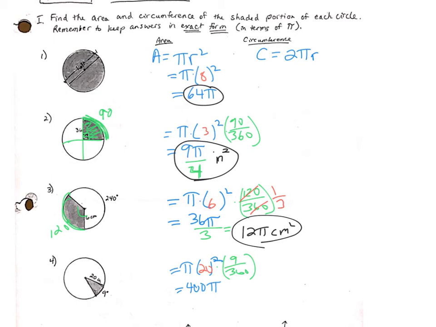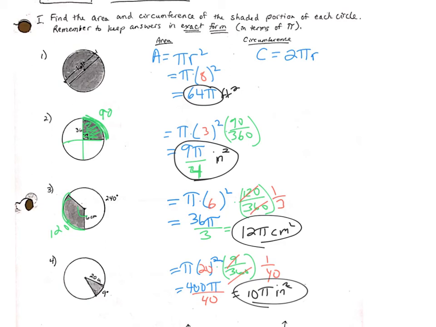So 9 divided by 360, I believe that does come out even to 1/40th, so we could divide by 40, which is going to give me 10 pi. And I'm back to inches for this one, square inches for my units. Okay, not squaring the pi or the 10, that's different. It's just my units squared, and I'm noticing that I forgot units up here, so let's fix that.